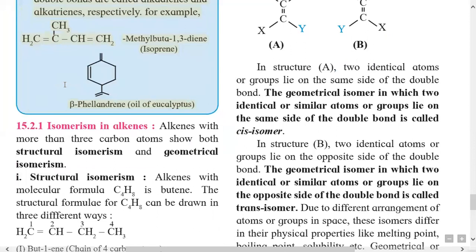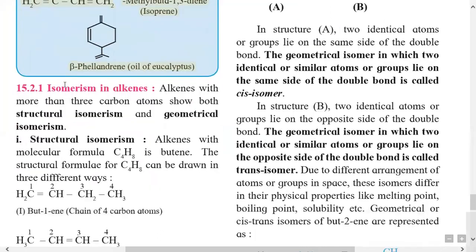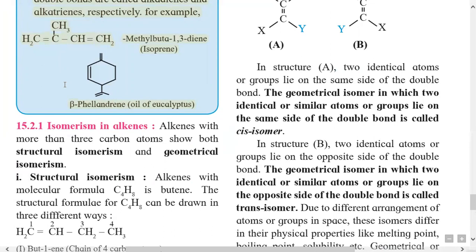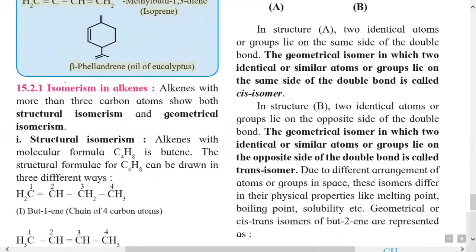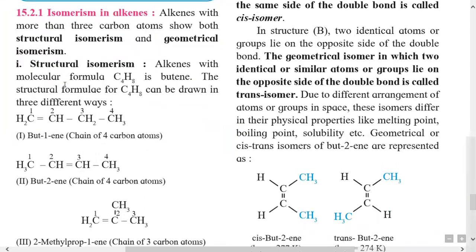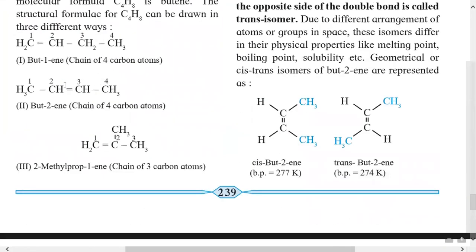That is, the geometrical isomers are of two types. One is where identical or similar groups lie on the same side of the double bond, called a cis isomer. And in the trans isomer, identical or similar groups lie on the opposite side of the double bond, called a trans isomer. Here is the example of cis and trans isomers.